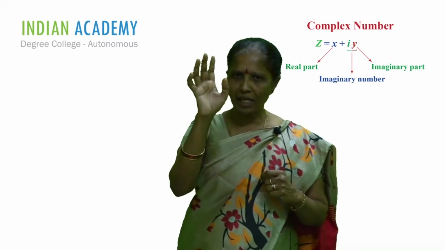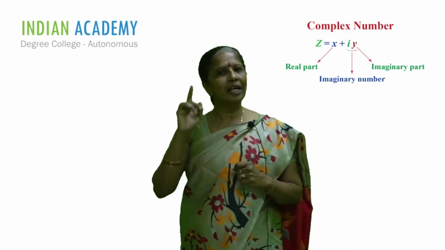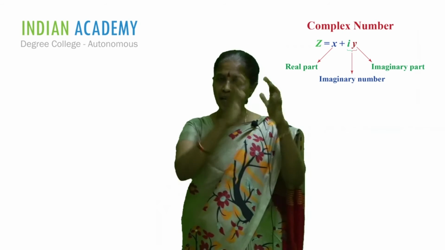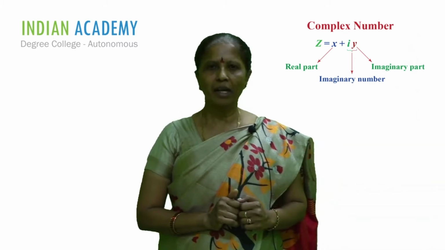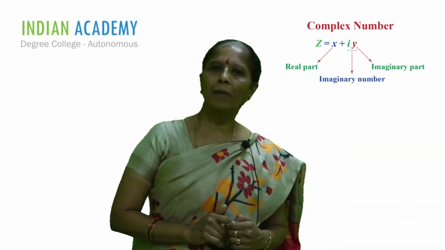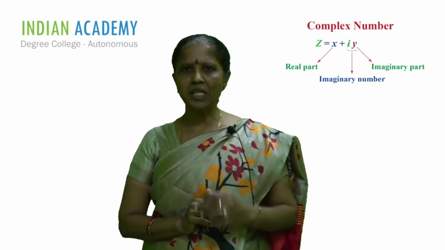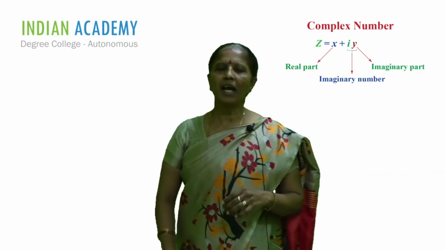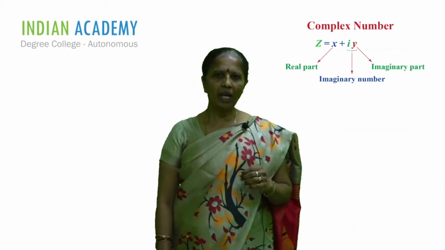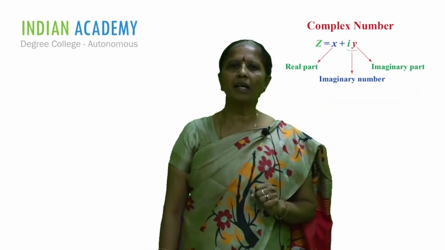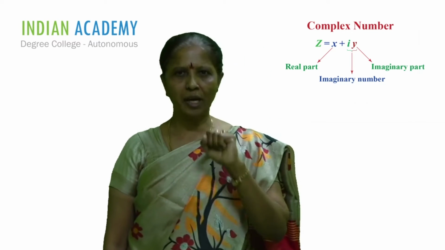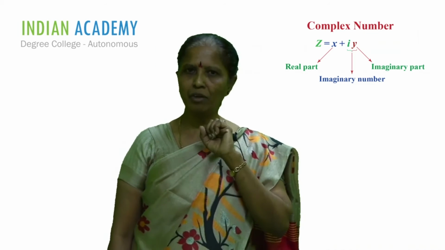This root of minus 1 is said to be the imaginary number. Any number that comes along with this imaginary number i is called a complex number. The general representation of a complex number is a plus ib, where a and b are real numbers and i is the imaginary number. Is that clear, all of you?